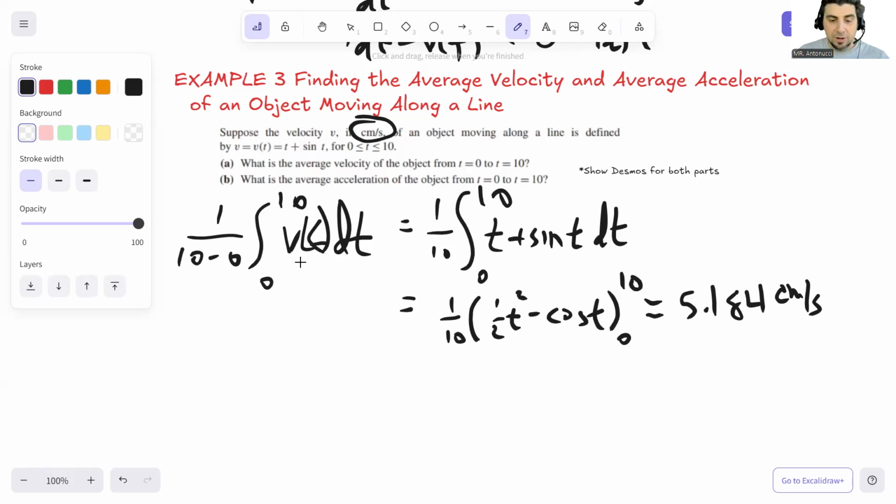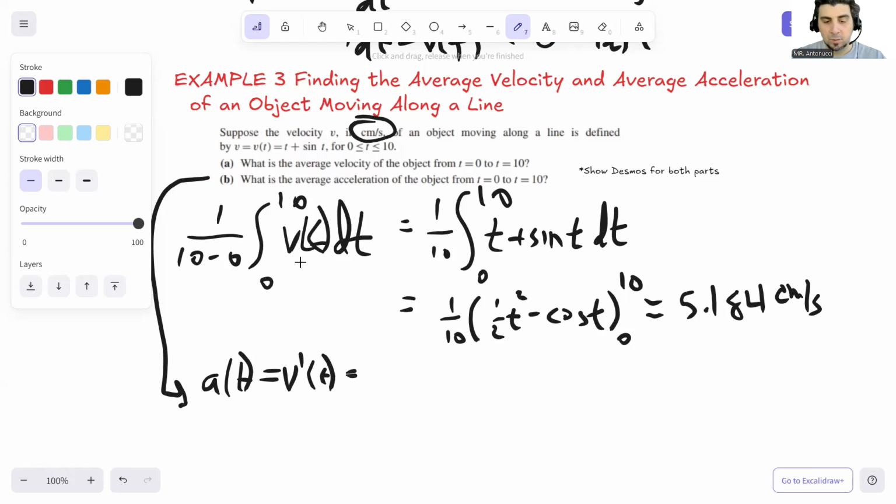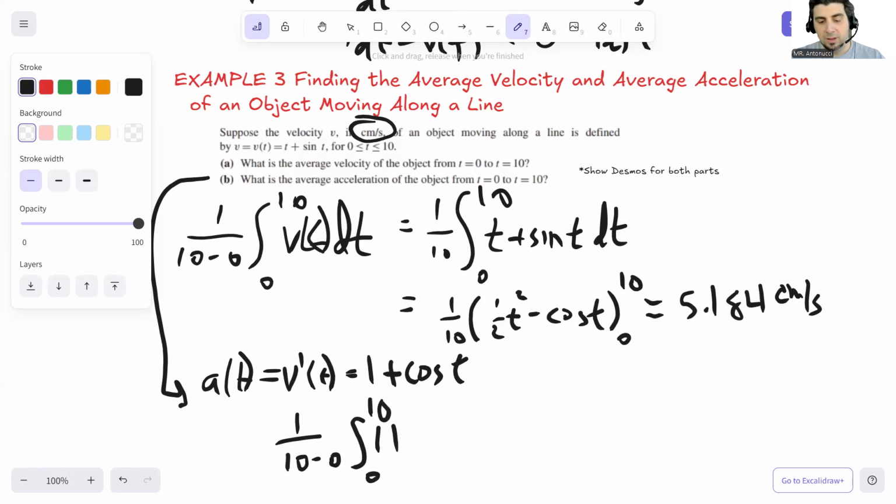So to find the average acceleration, for part B here, we need to get the acceleration function, which is the derivative of velocity, which is going to be 1 plus cosine t. So the average is 1 over 10 minus 0 times the integral from 0 to 10 of 1 plus cosine t dt.